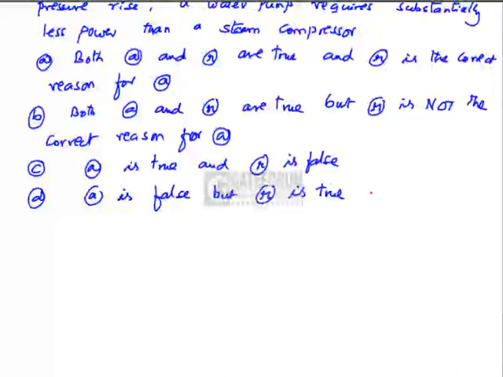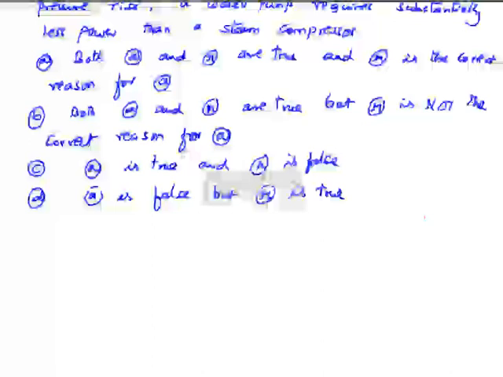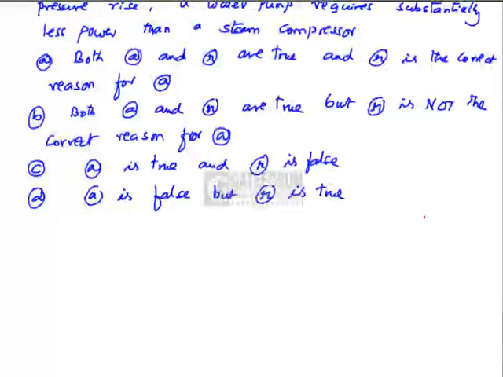That is absolutely correct, true. Reason R, for the same mass flow rate and the same pressure rise, a water pump requires substantially less power than a steam compressor. That is also correct, because if you look at the steam compressor, the steam is a compressible fluid, because steam is considered to be a mixture of liquid and vapor, wet steam.